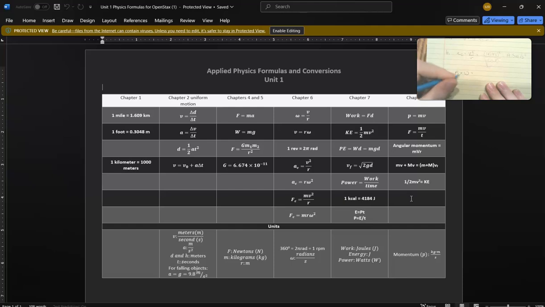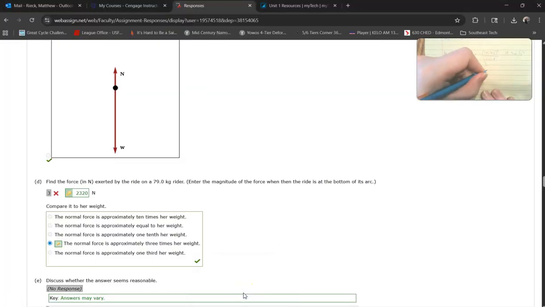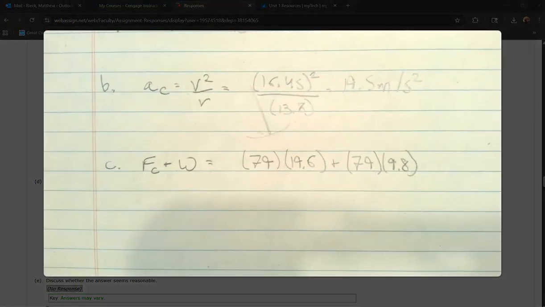All right, so the centripetal force is going to be m times v squared over r, or m times your centripetal acceleration. So you have 79 kilograms here times my centripetal acceleration, which is 19.6 according to them, plus the weight of the rider. So you have 79 times the acceleration due to gravity, so 79 times 9.8 there.